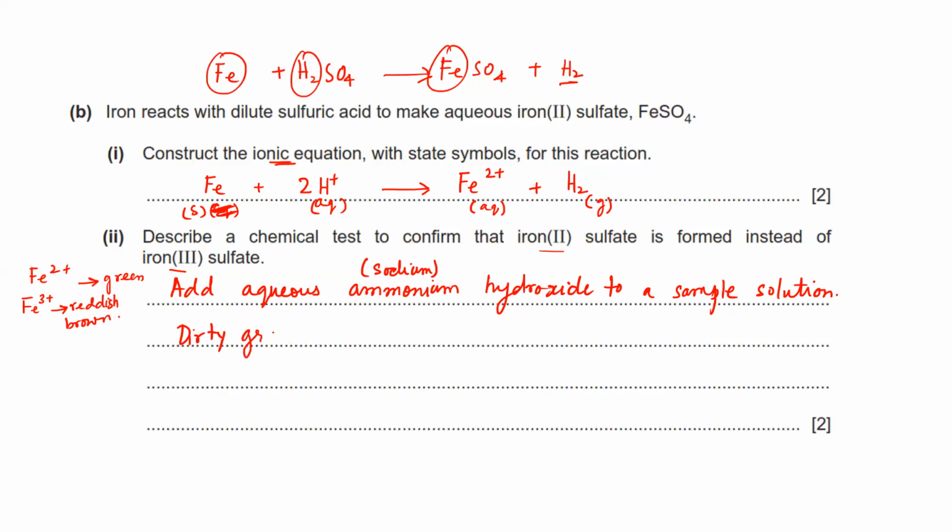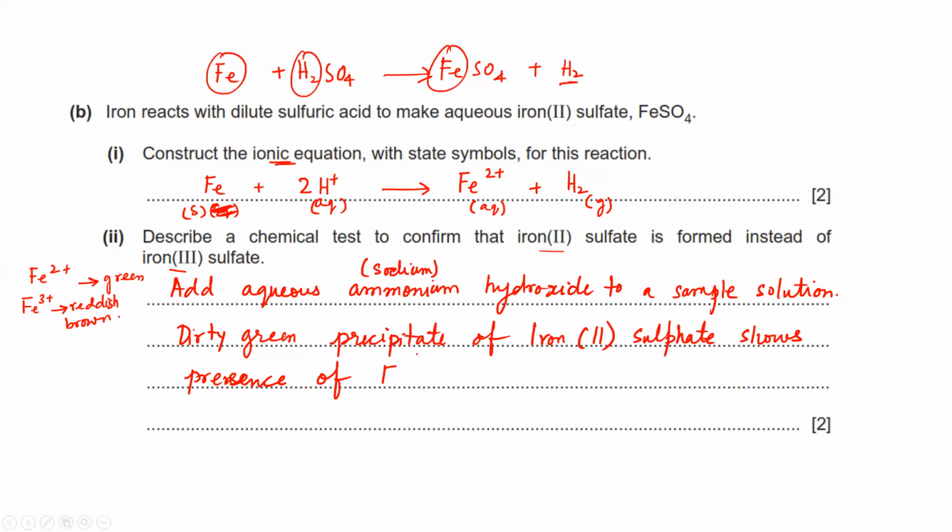Dirty green precipitate shows presence of iron 2 sulfate.